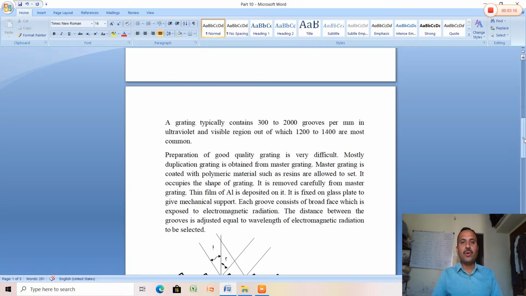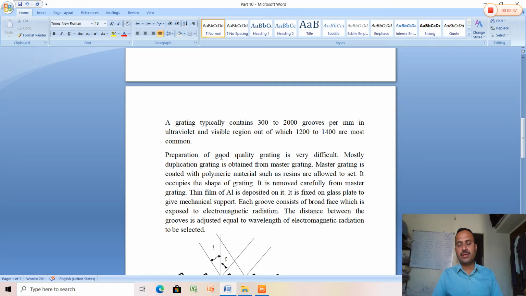Now, how are diffraction gratings prepared? Preparation of a good quality grating is very difficult. Mostly, a duplicate grating is obtained from a master grating.